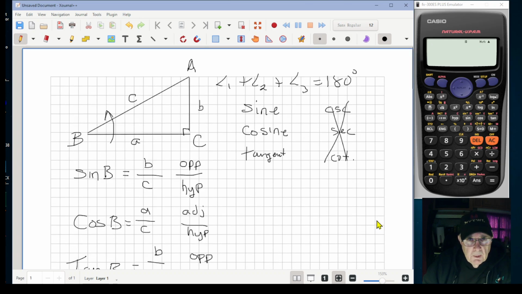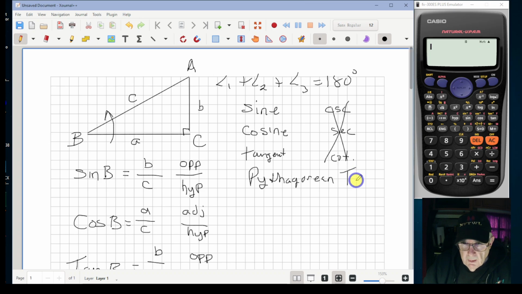Another thing coming from the Greeks that's relative to this right triangle, and it only pertains to right triangles, is the Pythagorean theorem. I think that's spelled right. I'm not a gifted speller.